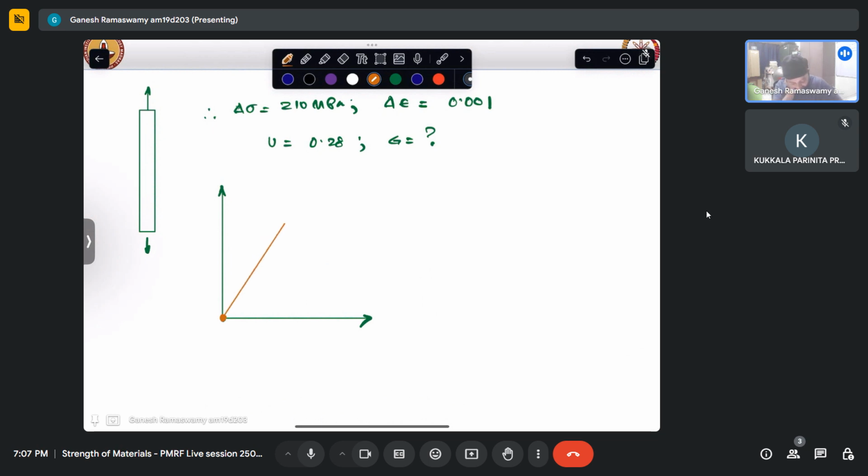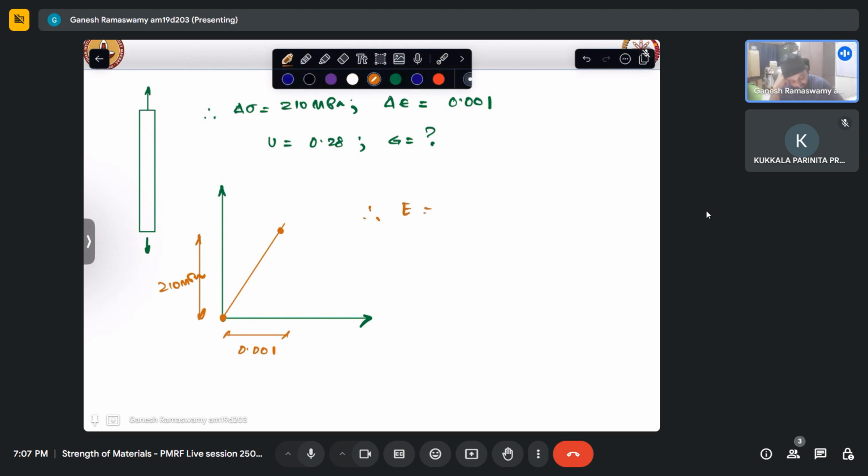Within the linear elastic zone, if my change in stress is 210 MPa, then the change in strain is 0.001. So therefore, I know that the slope of this line is nothing but my Young's modulus.